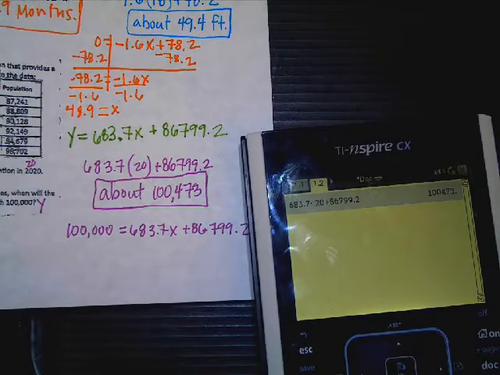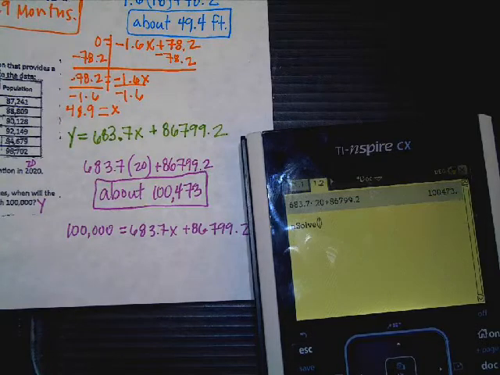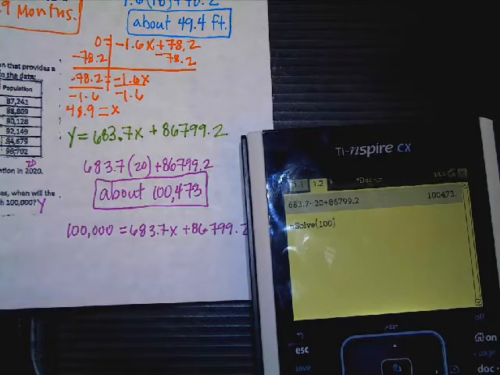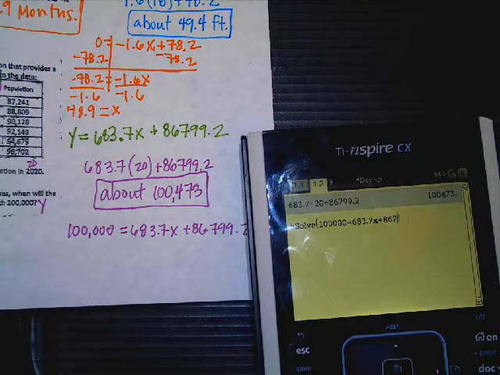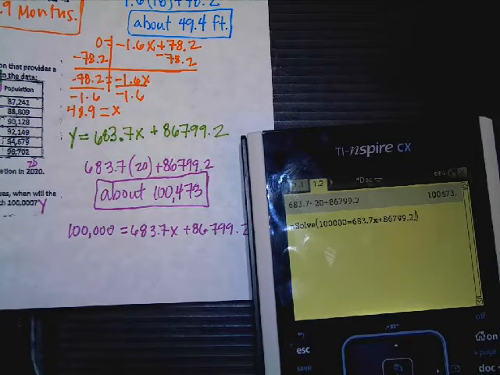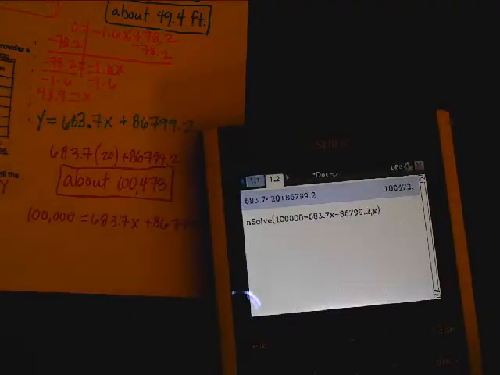For you guys, I want you to work it out though, on your homework, if it's a homework problem. Menu, 100,000 equals 683.7x plus 86799.2, comma, x. I'm just going to do nSolve to give you guys more time on your practice.